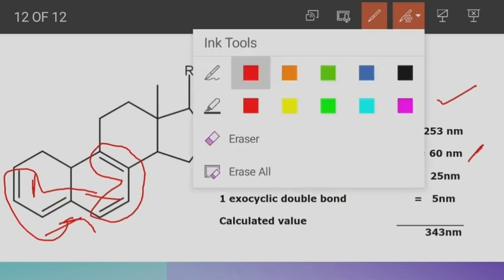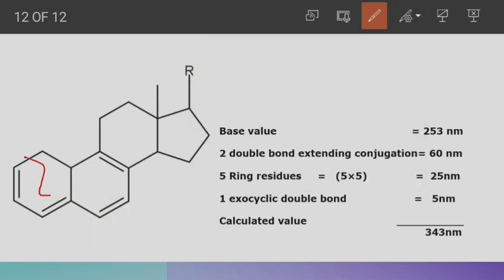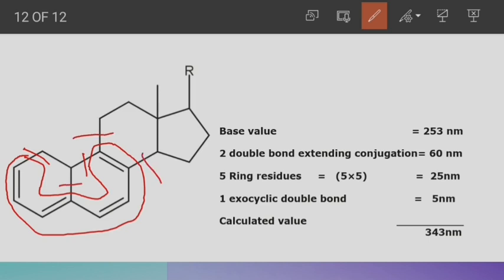Now we have to count the ring residues. If this is our conjugate diene structure, so this one, and this one, and this one, and this one also count as our ring residues. So we have 5 ring residues, so the value becomes 5 into 5, 25 nanometers.